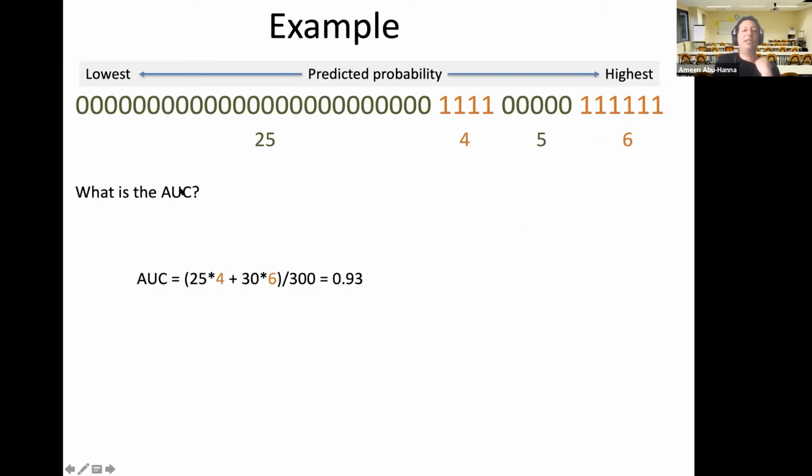So in short, the AUC will be 25 times 4, because each one of these 4 won 25. And from these last 6, I had 30 wins each, so 6 multiplied by 30, and I divide by the number of combinations I have. How many combinations? 10 multiplied by 30. 10 died and 30 lived. So that's the AUC, just by looking at this ordering of patients and looking at this game of meeting.